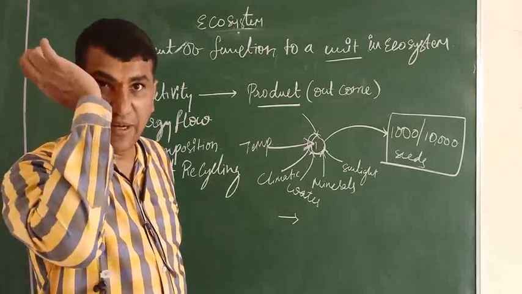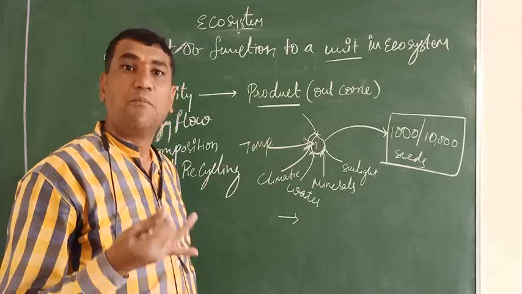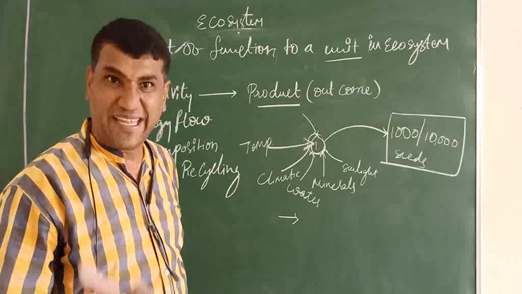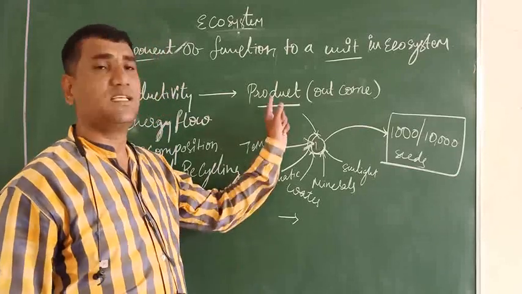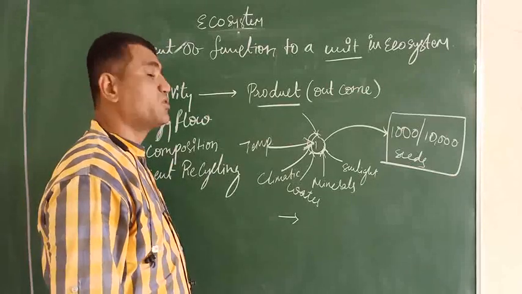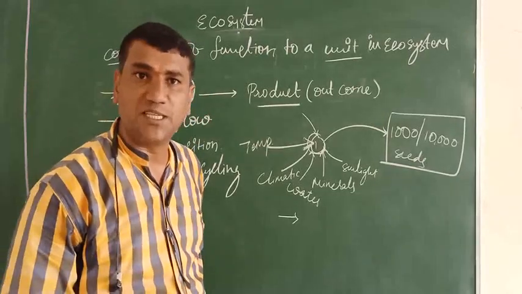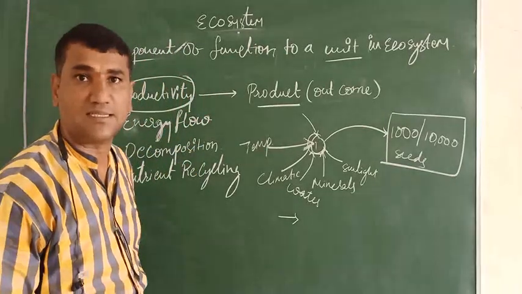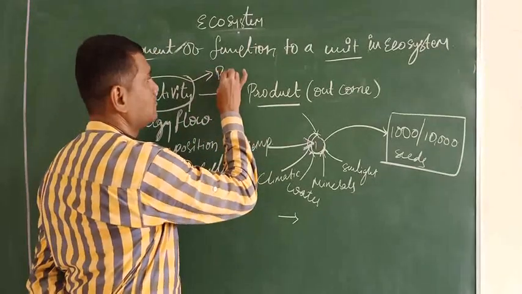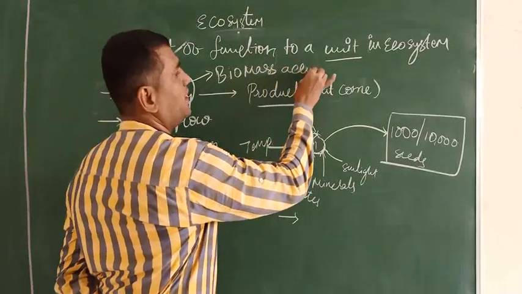So the productivity in these terms can be included as the biomass appearance, biomass look, or the biomass nature or taste, whatever it may be. So that is called a product. Product means outcome. So your productivity means this, in terms of photosynthesis, the productivity is considered as biomass accumulation.